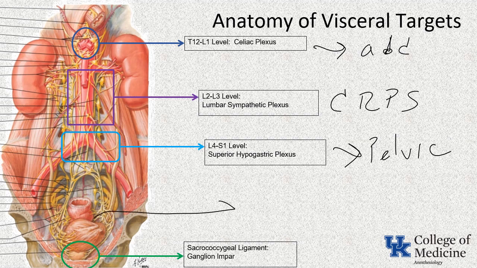Below that, the inferior hypogastric plexus block is going to cover structures below the peritoneum or a mixture between below and above peritoneum. And then the ganglion impar, this is primarily for rectal cancer.